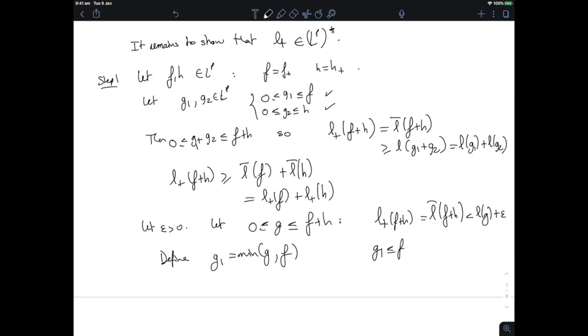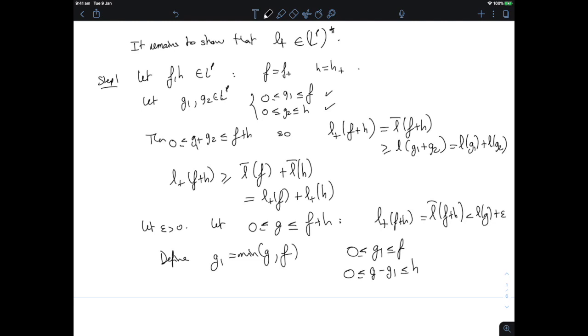So g1 is below f, sure. And then if I do g minus g1, first of all, this is greater or equal to 0 because I'm subtracting from g something that is smaller than g, because it's the minimum of g and f. But in the meantime, it is smaller than h, right?